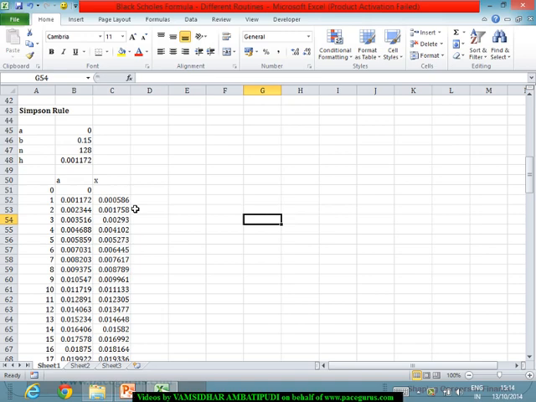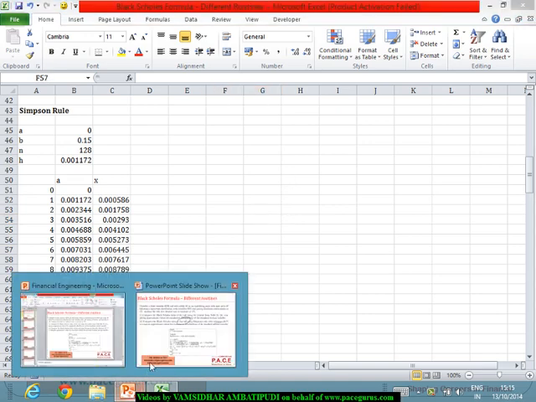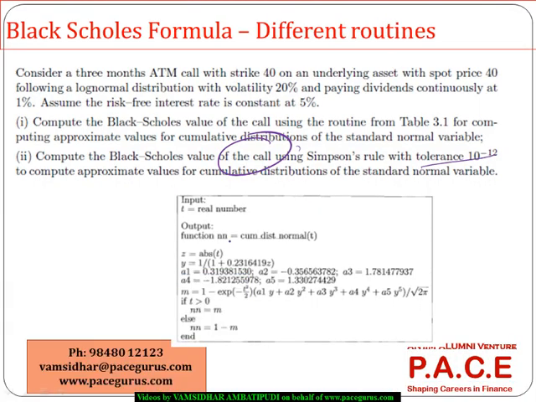So we know that with respect to a normal distribution, the integral formula is nothing but the integral from 0 to infinity, or minus infinity to infinity, of e power minus x squared by 2 dx.